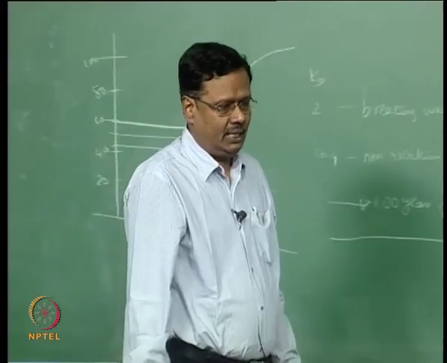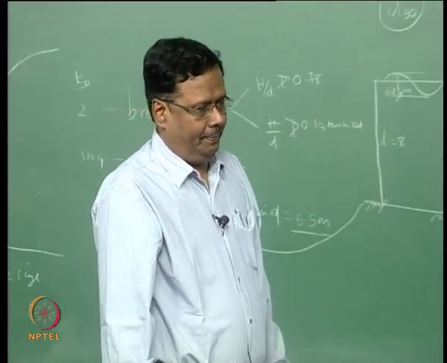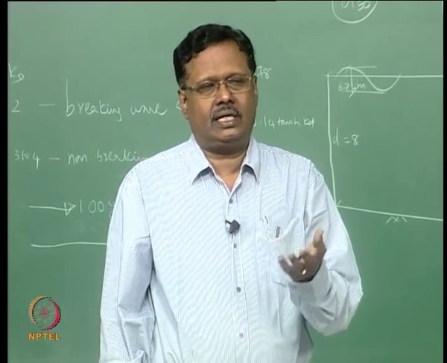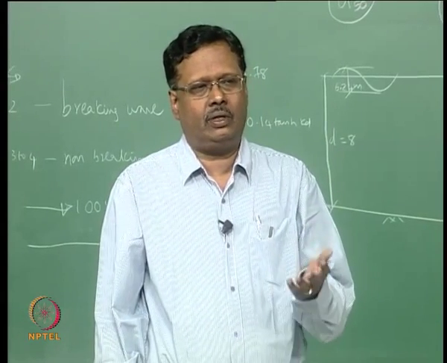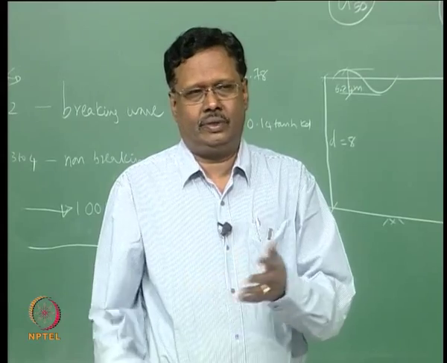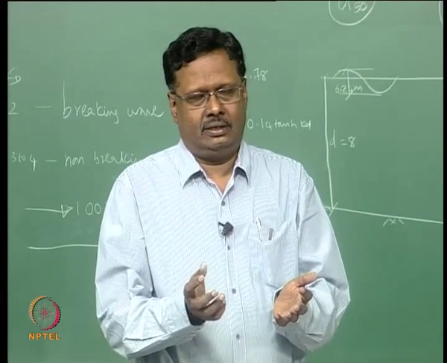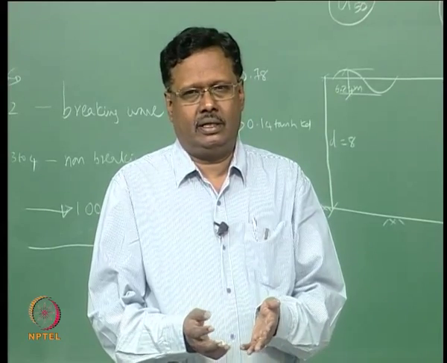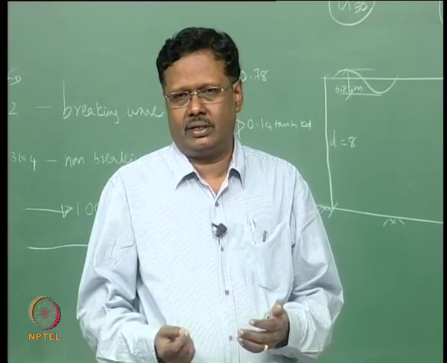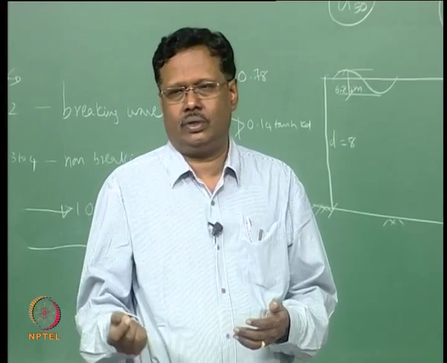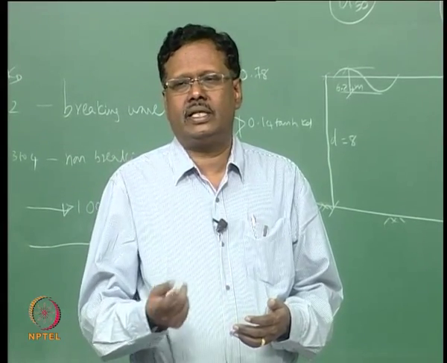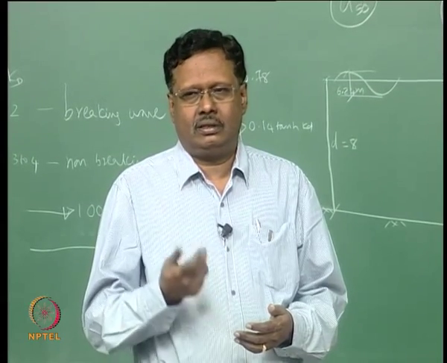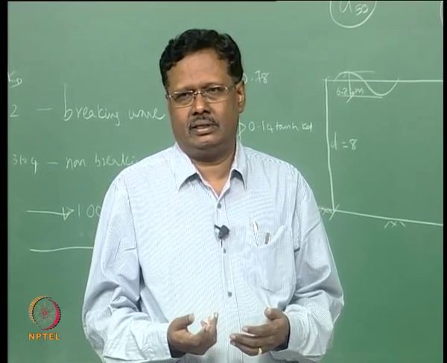The point is, if you take a sand particle, the size of the sand particle may vary from 0.1 mm to 2 mm. If you take a sand, wherever it is, you take it to your laboratory, and if you want to find out the sizes of the particles, it may vary from 0.1 mm to 2 mm. Then you have to designate which particle size to be used for design analysis.